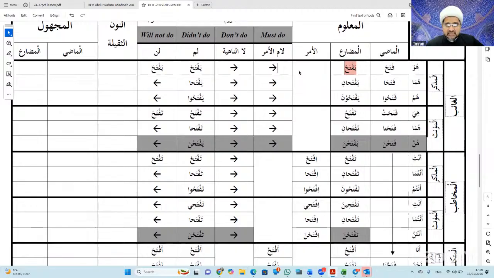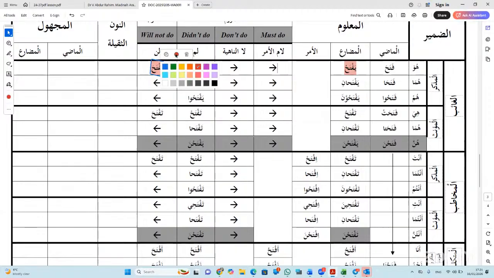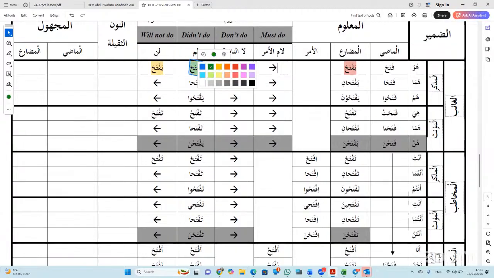Now the second state of the present tense, this one here, yaftaha. What's happening to this one? There's a fatha, exactly. And then the other state for the present tense is yaftah. What's happening here? There's a sukoon.